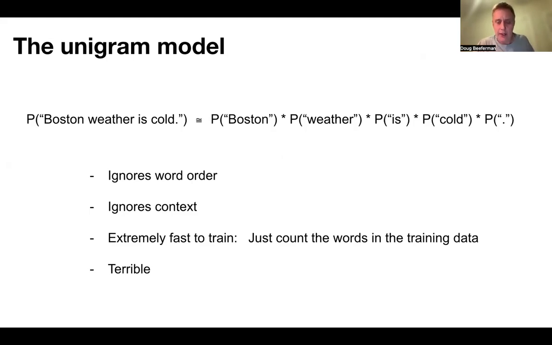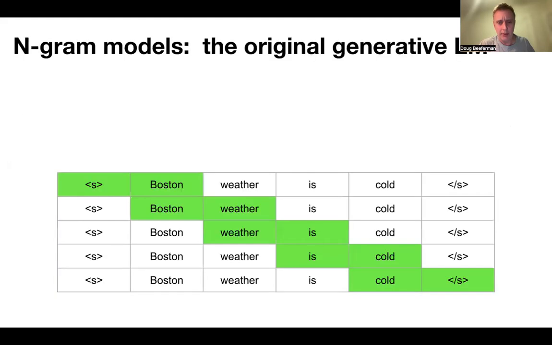There you get a good approximation to the probability. But these models, unigrams, and really n up to a small n, are really not good. And I'll show you an example of why in a few slides.